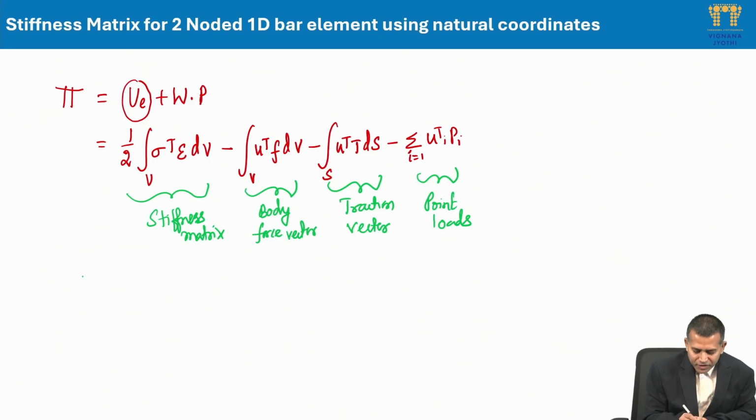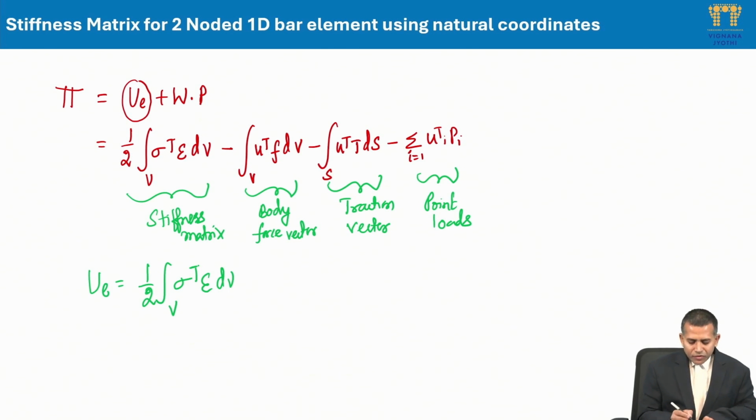I am just rewriting the strain energy, which is equal to half volume integral of sigma transpose into epsilon naught dV. If you remember, we wrote what the strain epsilon naught is.